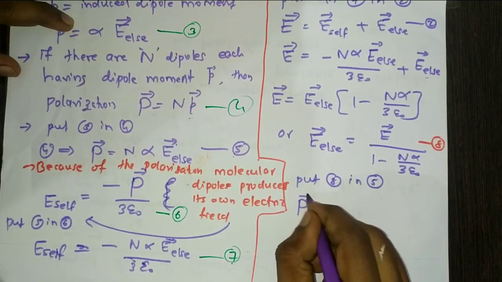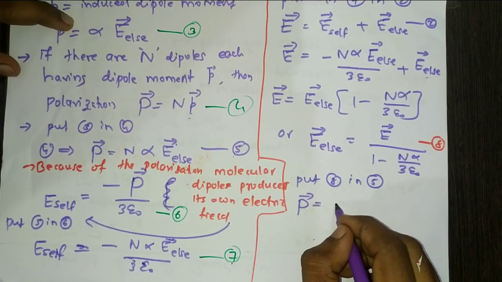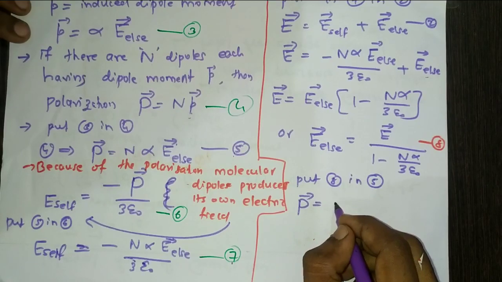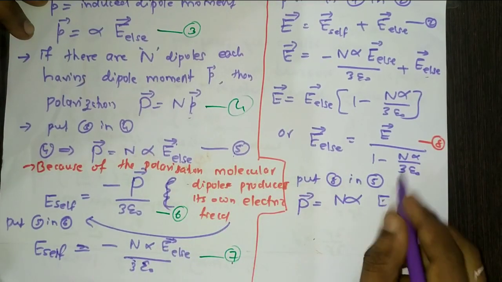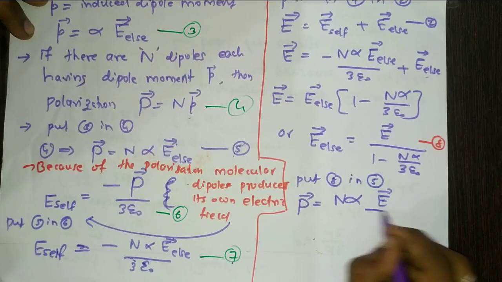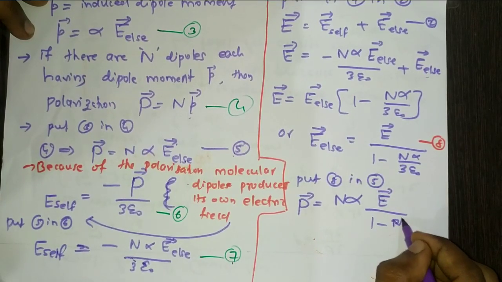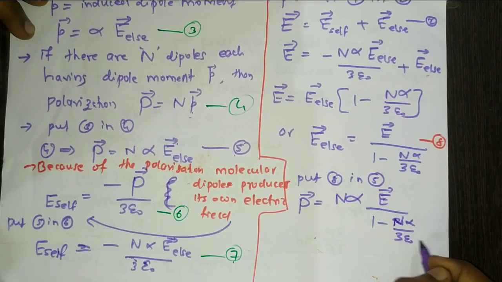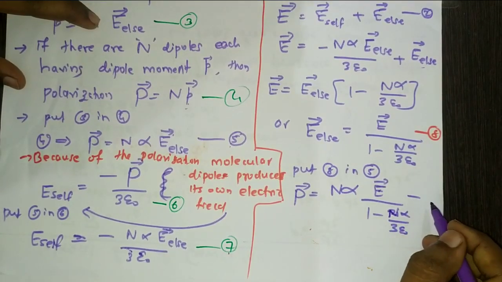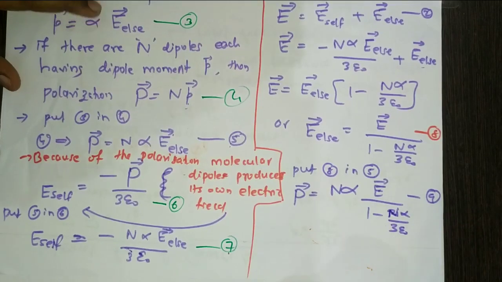That is, our P is equal to N alpha, instead of E_l, we can use this expression, E divided by 1 minus N alpha divided by 3 epsilon 0. Let me put this as equation number 9.